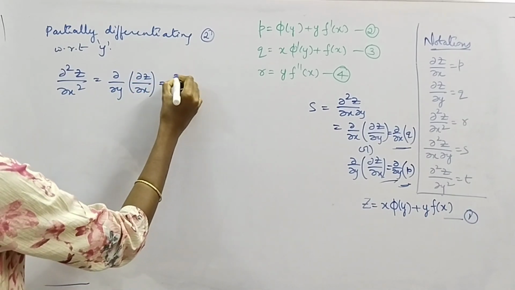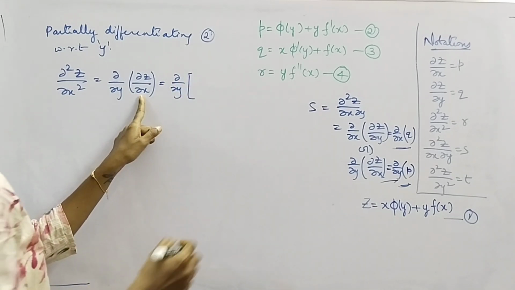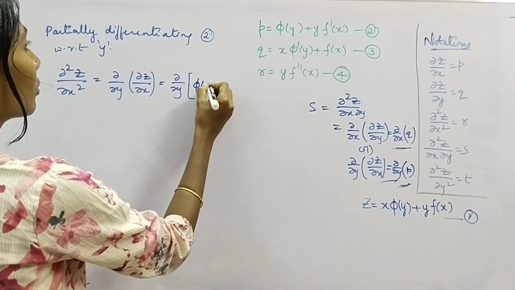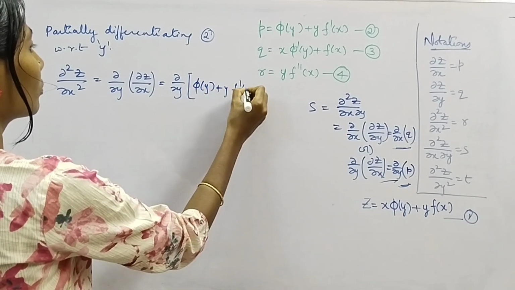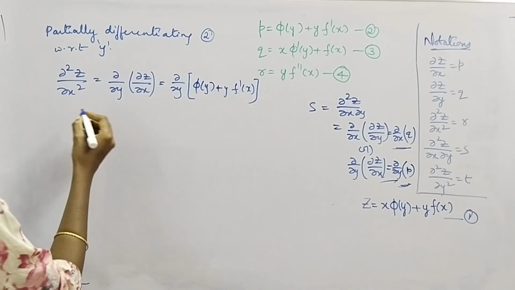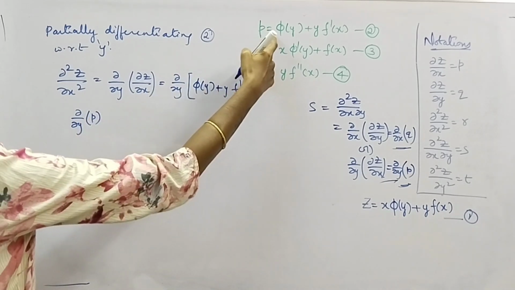This is equal to dou by dou y of dou z by dou x, the RHS of 2. Or simply apply dou by dou y on both sides of equation 2.